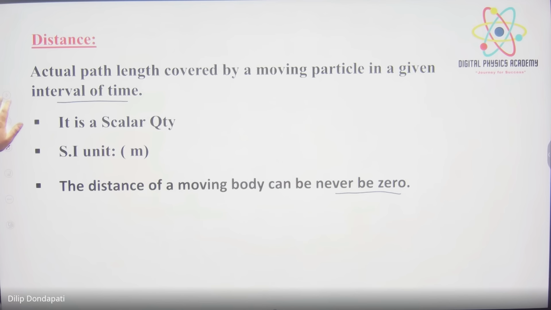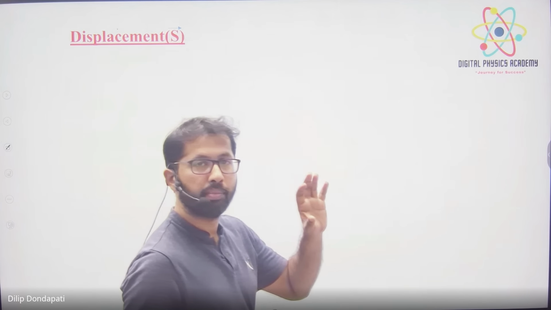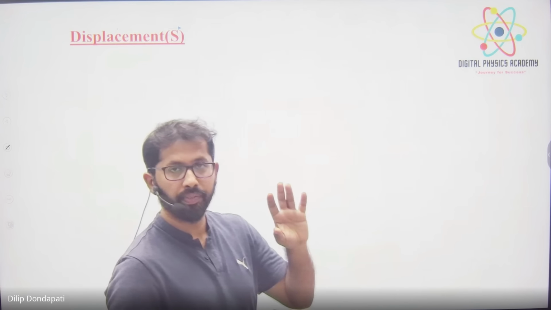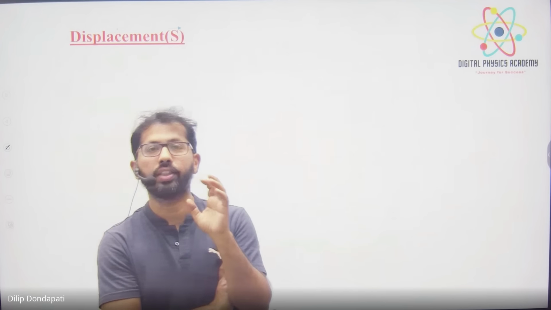Okay, now we will talk about displacement. Displacement is represented by the symbol S. Now tell me, what is displacement? What do you know about displacement? It is not the path, it is the closest distance from point A to point B. Very good, the shortest distance.